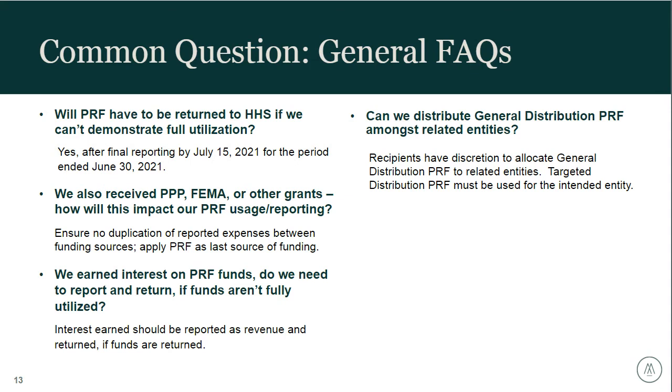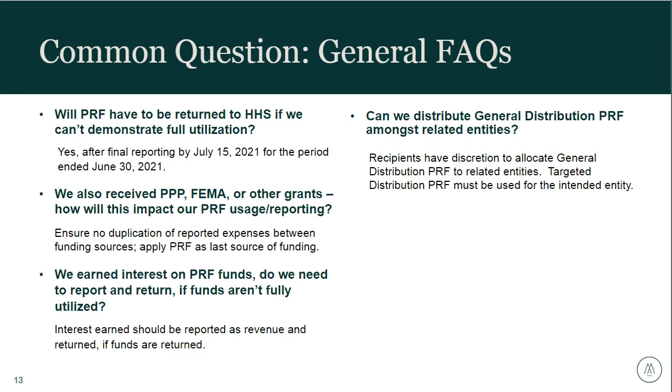Thinking about other sorts of funding sources one might have received, the PPP, FEMA, state grants, and other areas, we have to ensure there's no duplication of those reported funds. One other thing to think about, embedded in the guidance documents, is that provider relief funds are considered the payer of last resort.